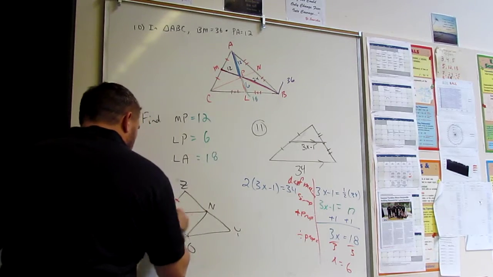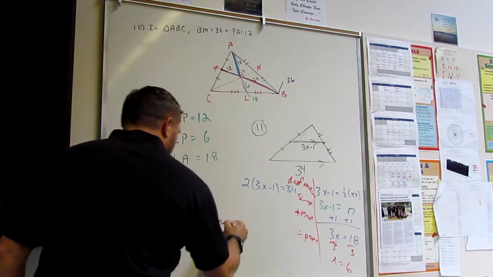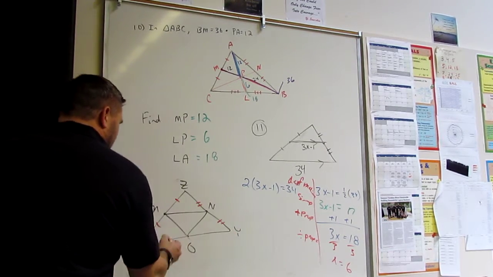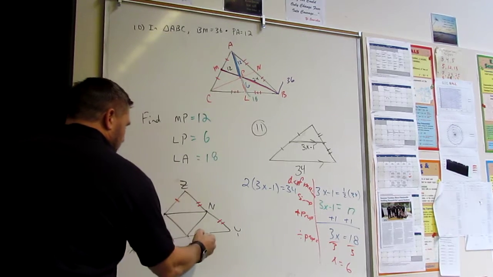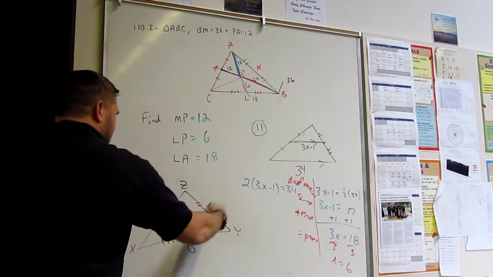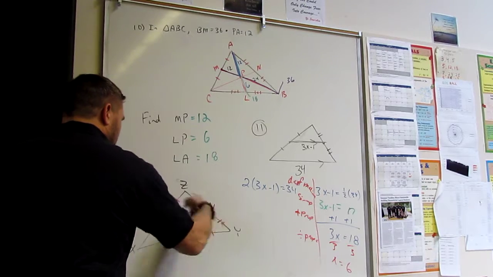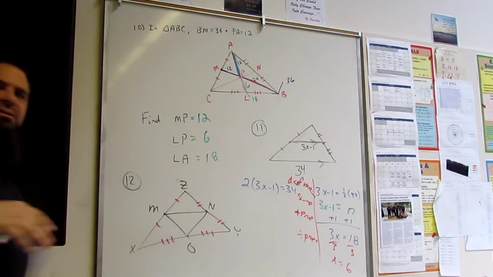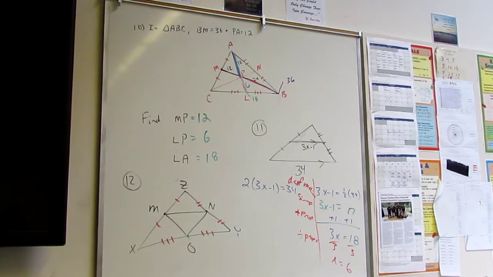This is a median of here and here, and then this is a median of here and here, and then this is a median of here and here. It's just cutting the whole triangle into medians, making another triangle on the inside.